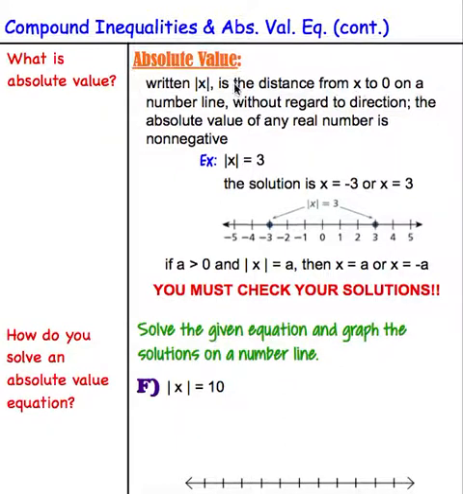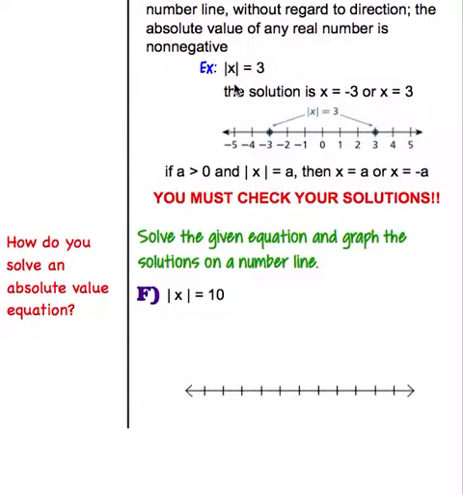So for this first example here, we've got the absolute value of x is equal to 10. Well, 10 is greater than 0. So therefore, x will equal either 10 or x equals -10.